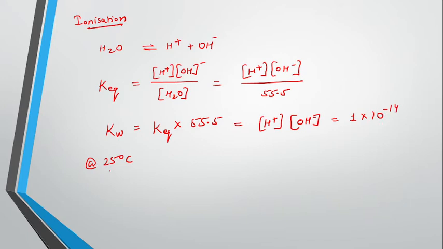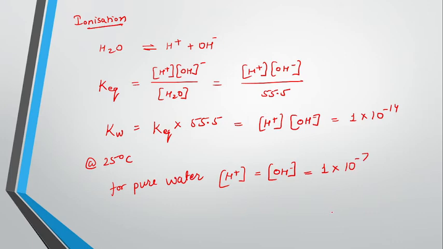For pure water, so there is nothing inside, there is no acid or base in it, then H plus ion concentration will be equal to OH minus ion concentration, which will be half of this one.